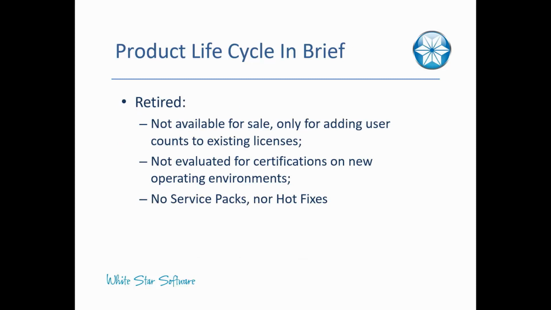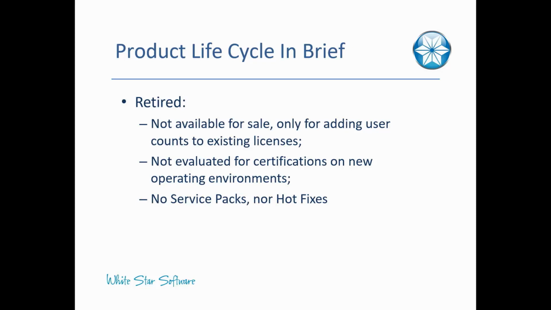Retired version: this is where you want to be upgrading away from, like version 9 for those customers that matter. It's not available for sale, only for adding new users to your license count. There are no service packs or hot fixes. Progress will try to work with you, but there are basically no guarantees at this point for the retired life cycle.